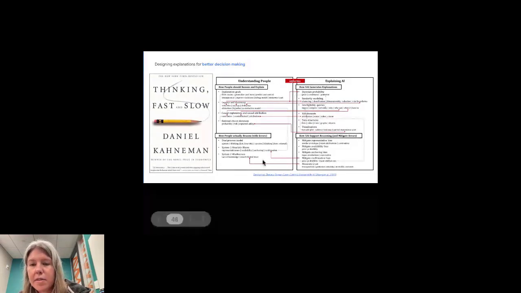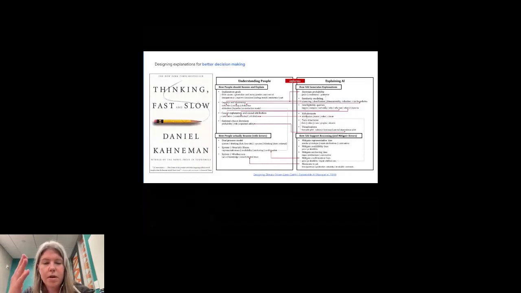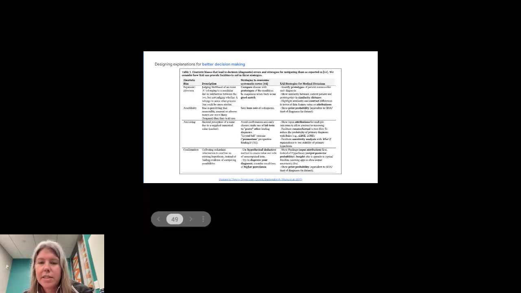And I think this is a really great way to think through, once you've identified the type of decisions somebody's going to make with your system and what kind of state they're going to be in, what kind of mechanisms or frameworks they're going to be using to make those decisions. You can map that to what's available to us in terms of explainability techniques.